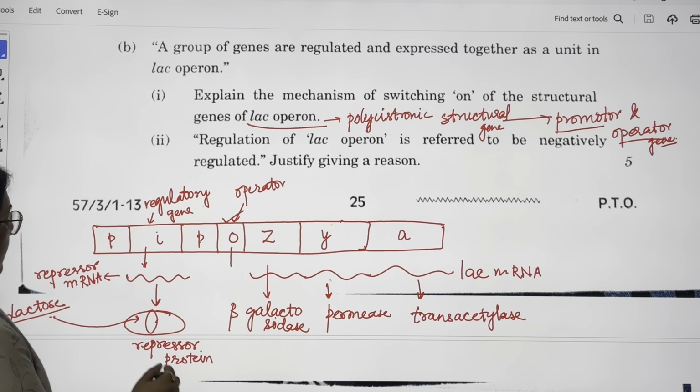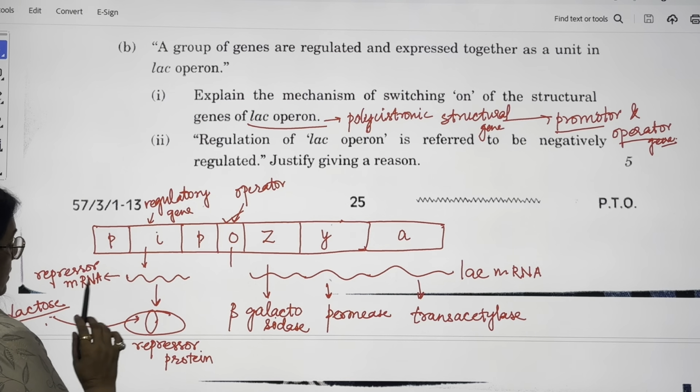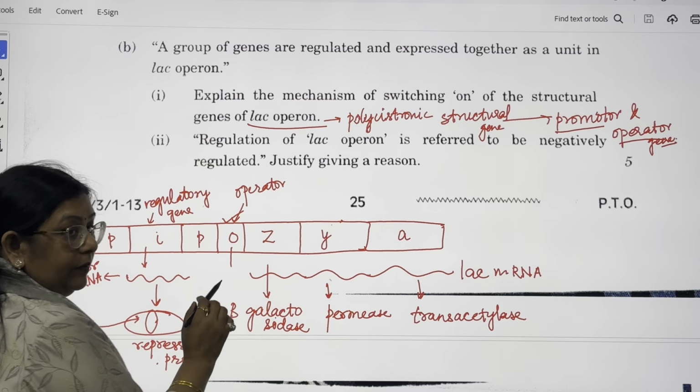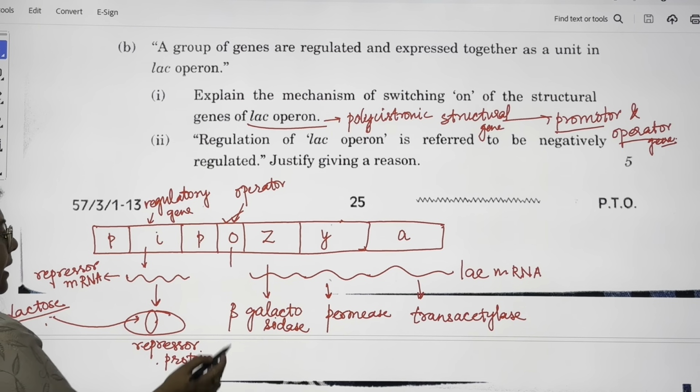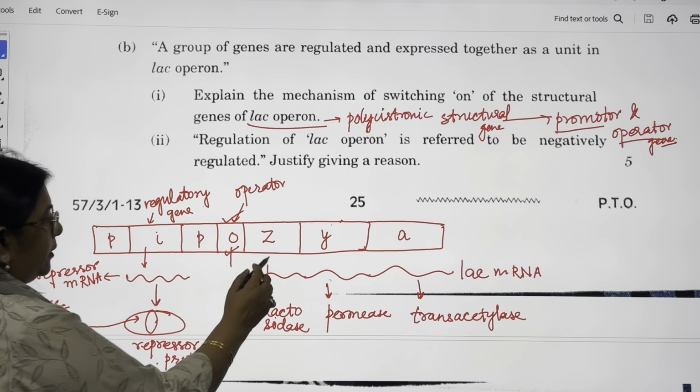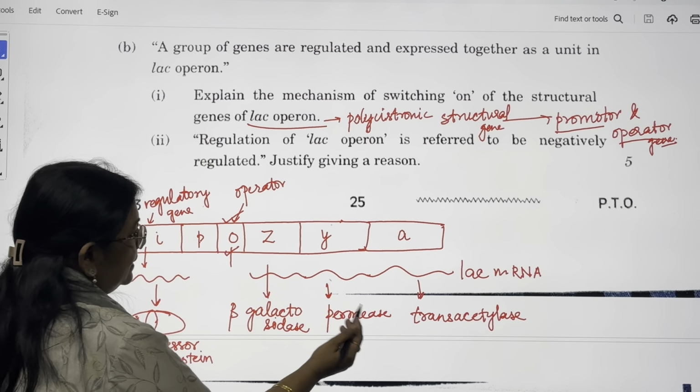So this way we can say that the lactose prevents the repressor protein from binding with the operator, and this way this operator is switched on and the process of transcription and translation takes place.